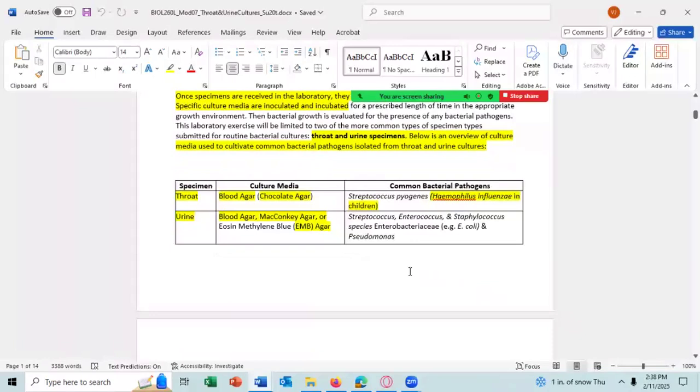For the throat, we really only have two culture media for growing throat specimens. Number one is blood agar, and it is used really for everybody. Chocolate agar is used particularly when we're taking a specimen from the throat of a child or a baby.